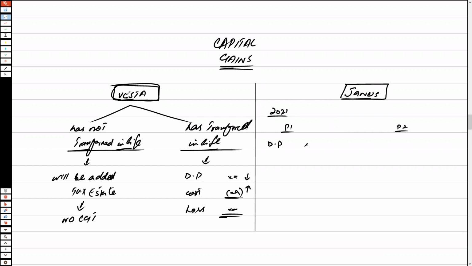The disposal proceeds of this person will be considered as cost of the other person. In 2021, asset value, let's say, is 100. First person would be disposing this asset at 100. For second person, this cost will be 100. I'm just creating a scenario, then would be linking as we discussed for the first person.